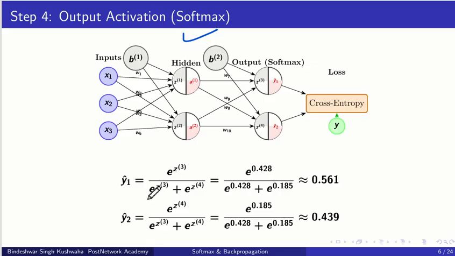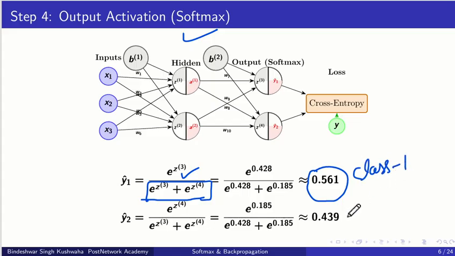So we will use the exponential function, e raised to z3, and thereafter we will add all of the outputs, and against one output, that would be the probability for class 1, and that would be for class 2.